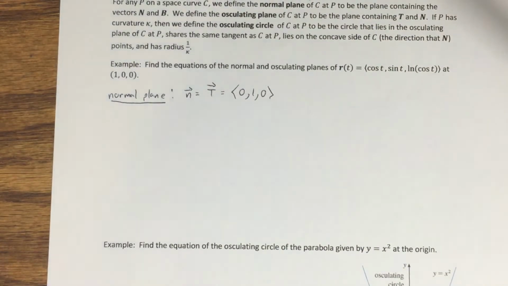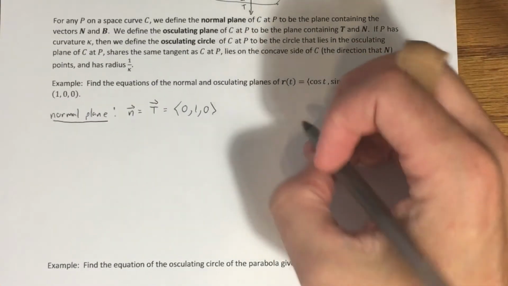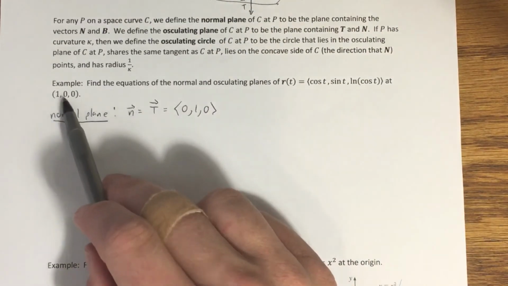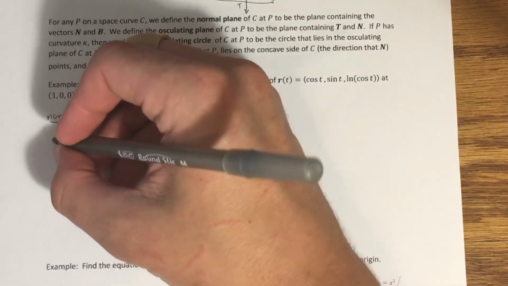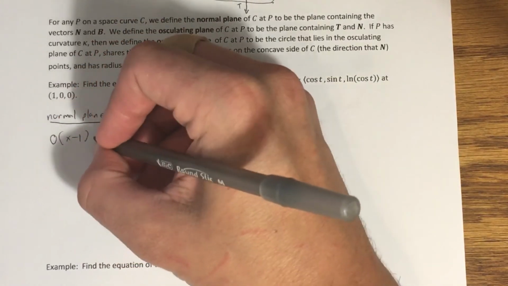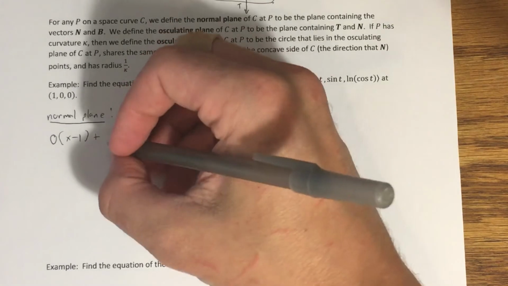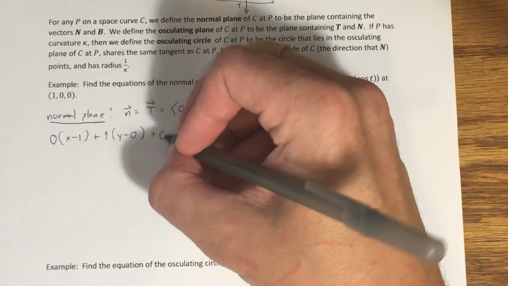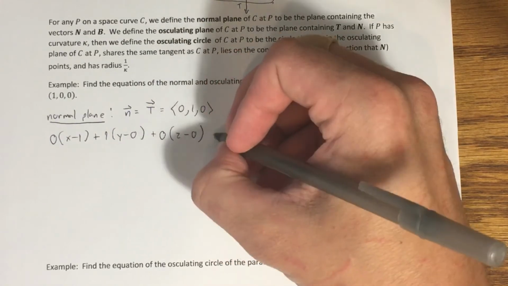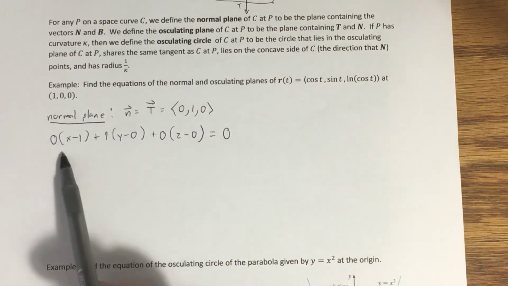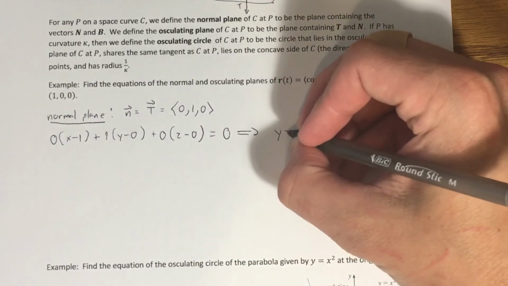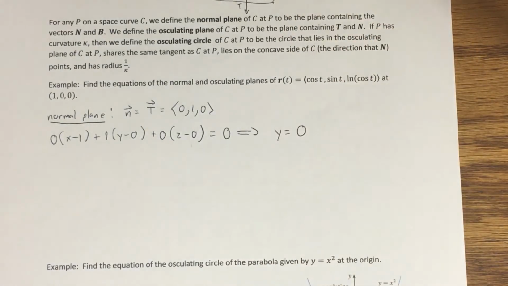Now all that's left to do is find the equation of that plane. Remember, it's the components times x minus 1. So this would be 0 times x minus 1 plus 1 times y minus 0 plus 0 times z minus 0 equals 0. These two terms disappear, and this just becomes y equals 0.